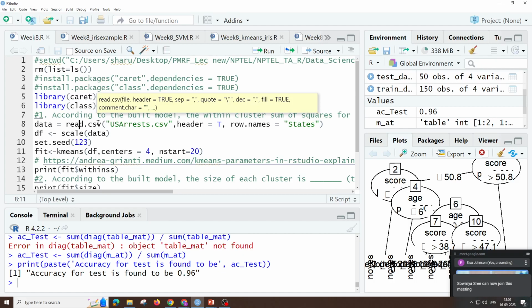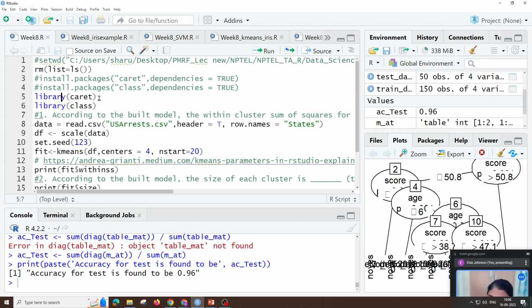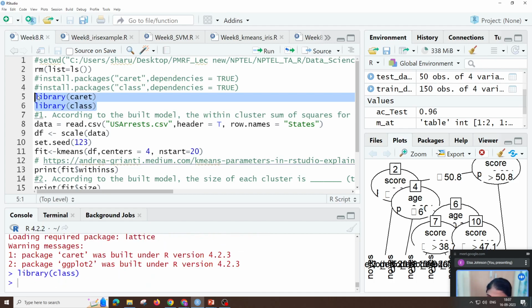For this purpose, the libraries that we have to install are caret as well as class. If it's not already installed, you might have to install it using install.packages caret, dependencies equal to true.